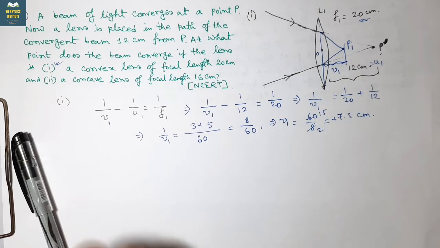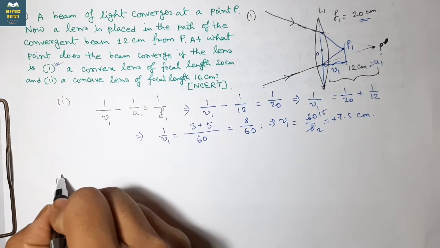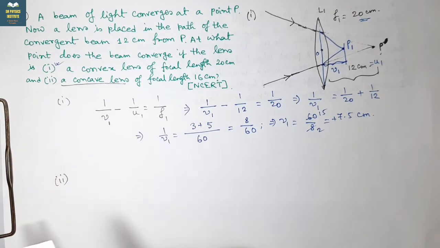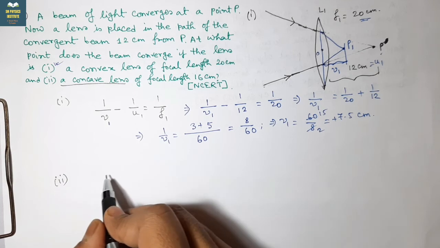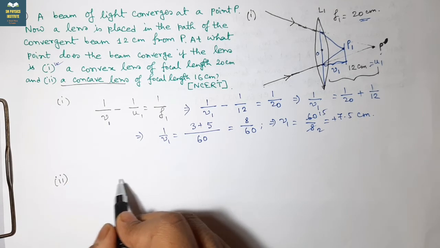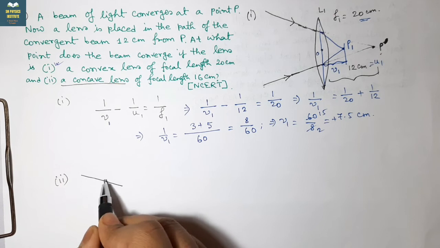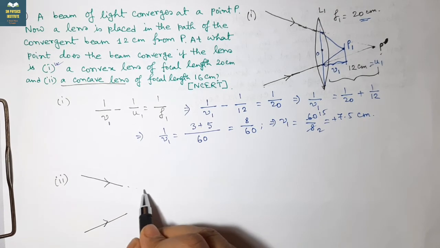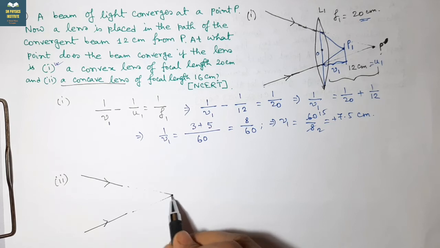Now coming to the second part. Same, but here you have kept a concave lens. If I consider the same thing, this is the convergent beam, and they will meet at P point.